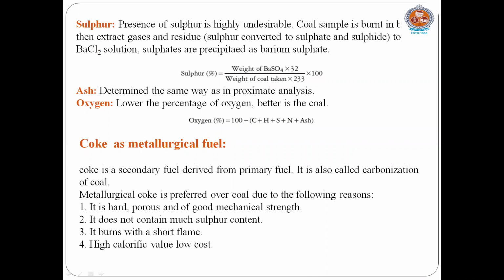When mixed with the moisture present in atmospheric air, they are converted into sulfuric acid or sulfurous acid, more corrosive substances. When in contact with metal, they corrode the metal and lead to acid rains. So it is highly undesirable.